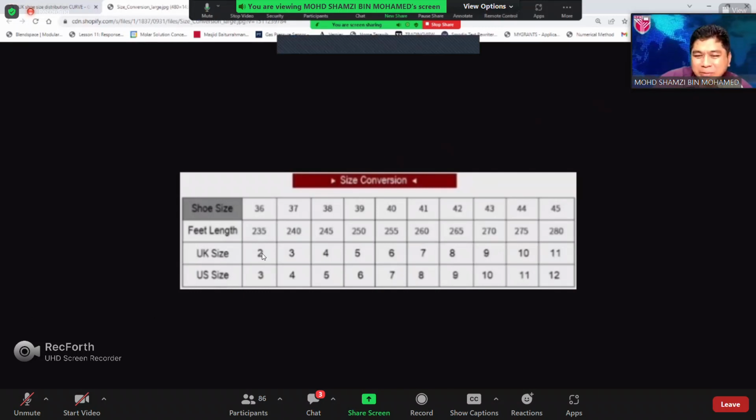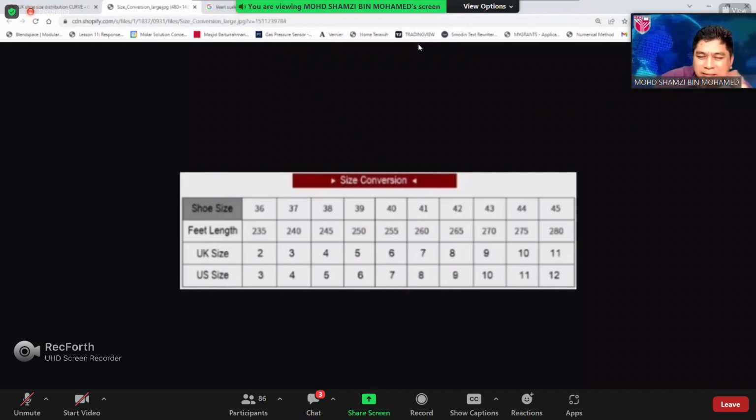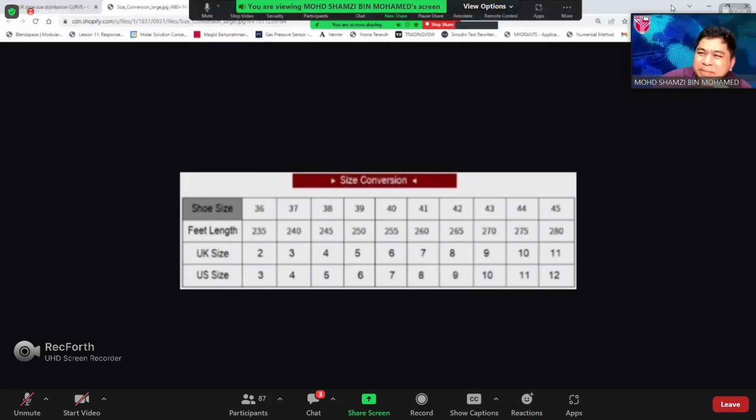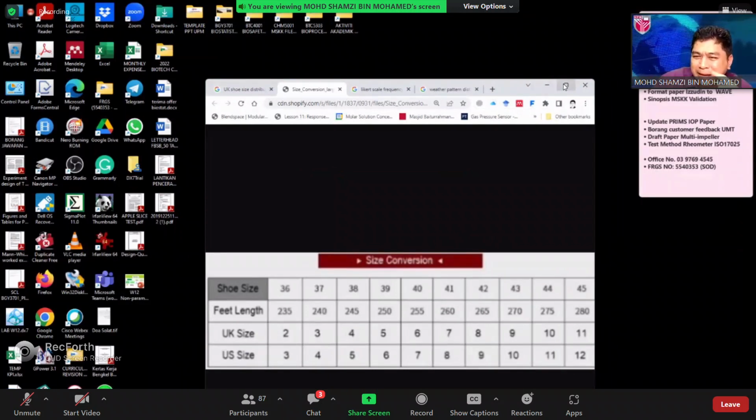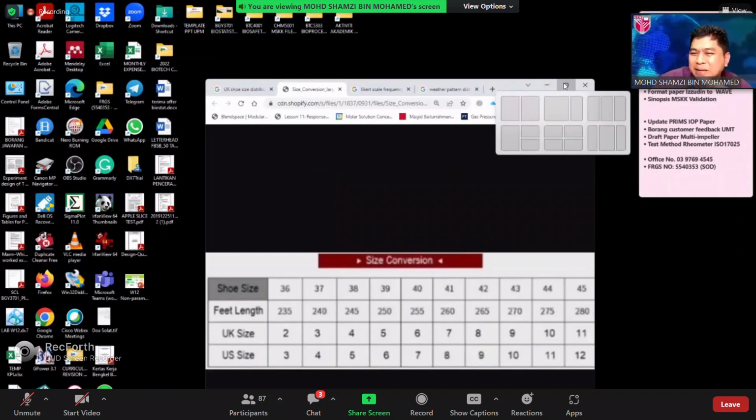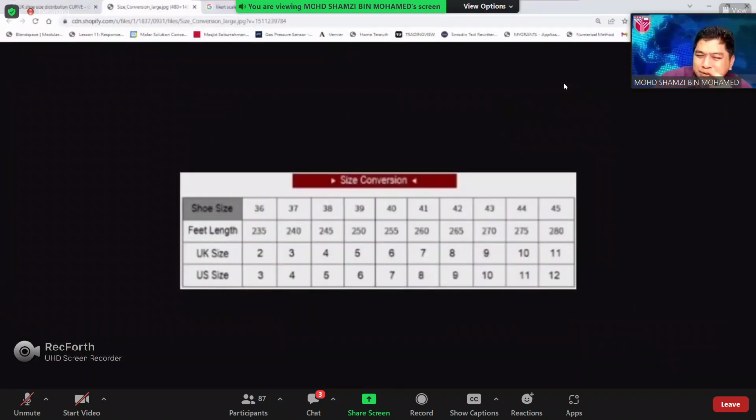So the range should be 2 to 11, and then not 7. It should be 2, 3, 4, 5, 6, so around here, 6.5, the median. Is there anyone with size 6.5? Does anyone wear 6.5? So where do most of you fall?